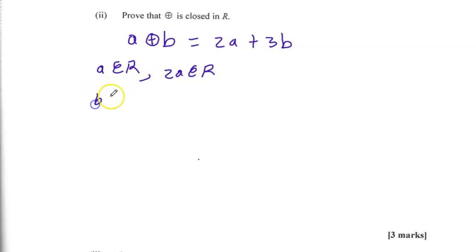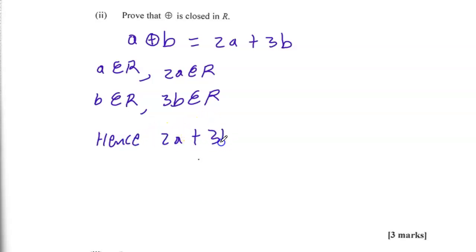Also b was a real number, which means that 3 times b is also a real number. Hence the sum of any 2 real numbers would give you a real number. So therefore, the binary operation here is closed, meaning as long as a and b are real numbers, then 2a plus 3b will always result in another real number.